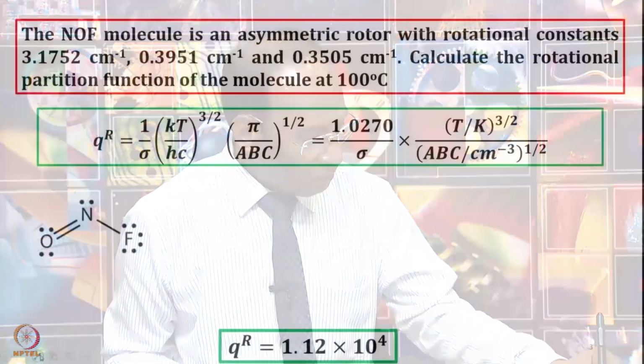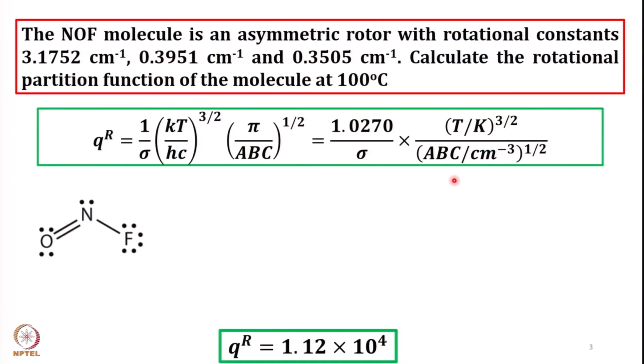And how do we calculate characteristic rotational temperature? k theta R is equal to hcB, or you can have k theta R is equal to hcA, k theta R is equal to hcC. So, you will have the rotational temperature. The values of h, c, B, everything is available.